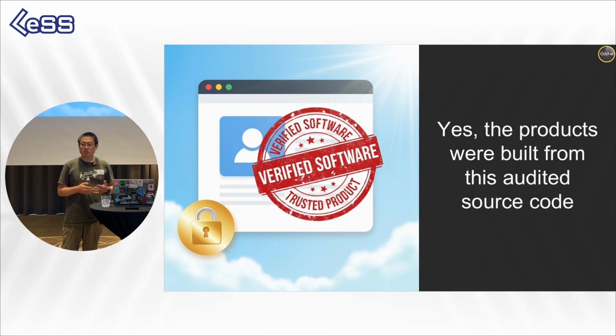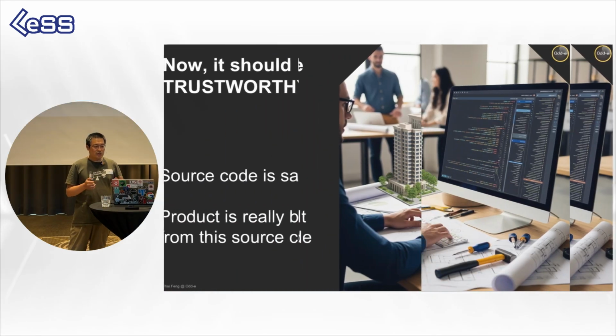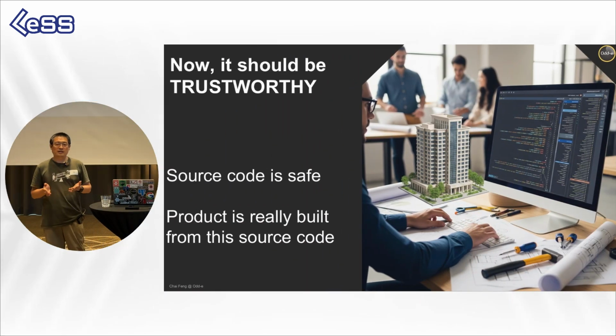So the government had to admit, yes, the products they bought were indeed built from this audited source code. So the source code is safe and the product is actually built from the audited source code, it should be trustworthy, right? It seems there are no more problems, right?